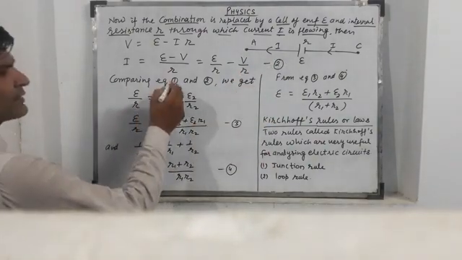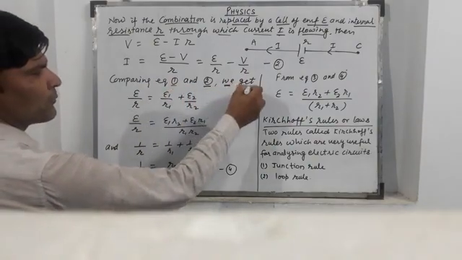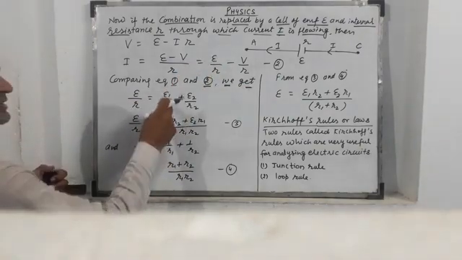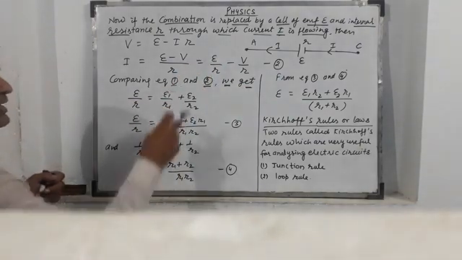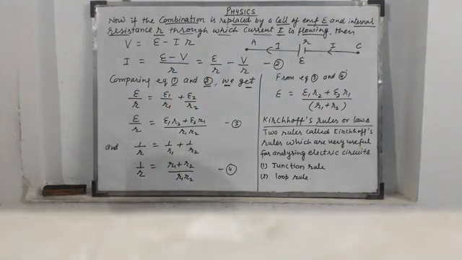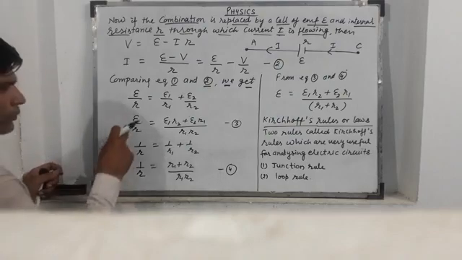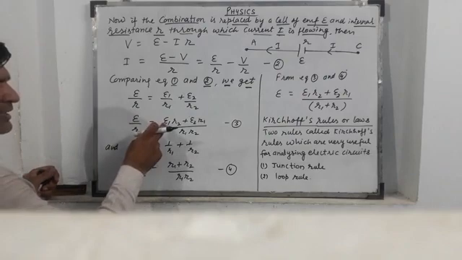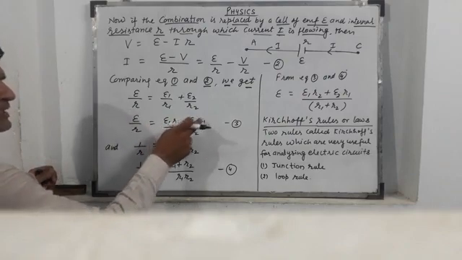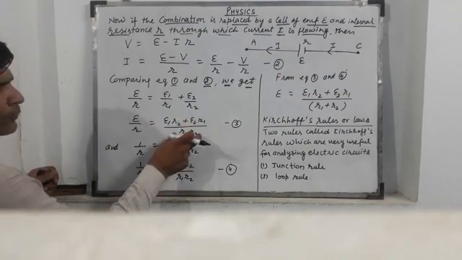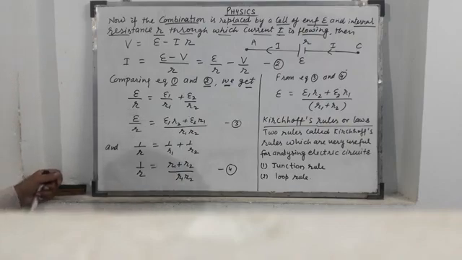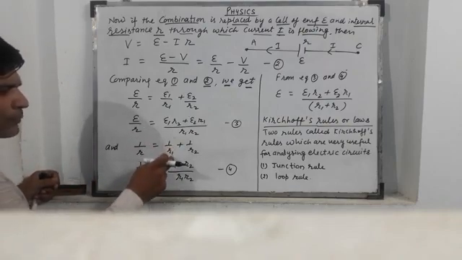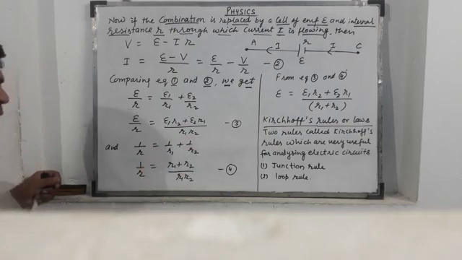Comparing equations 1 and 2, we get E upon R is equal to E1 upon R1 plus E2 upon R2, or, by taking the LCM, E1 R2 plus E2 R1 upon R1 R2. And for internal resistance, 1 upon R is equal to 1 upon R1 plus 1 upon R2.